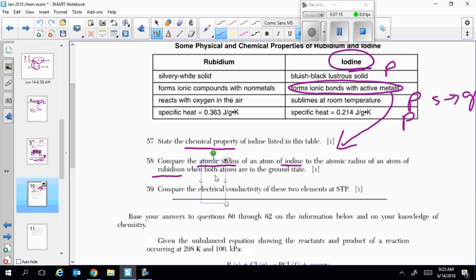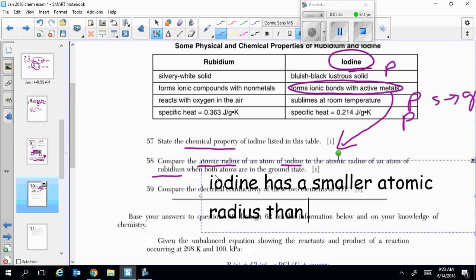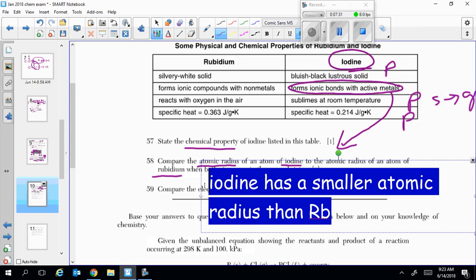So I would write here, iodine has a smaller atomic radius than rubidium. Okay, so I know my writing is too large with this font. Let me make it a little smaller.